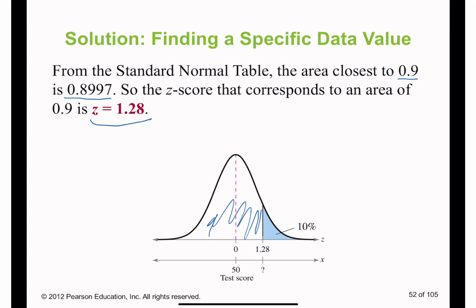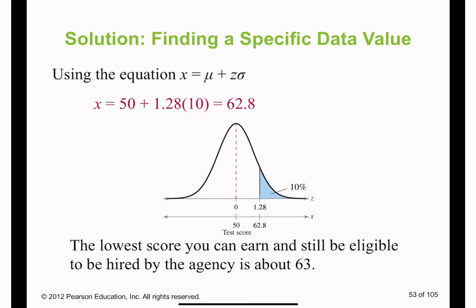So you take 0.9, which is 90%, and close to it, 0.8997, that is equal z-score 1.28. Once we have z-score, we can go ahead and find our x.